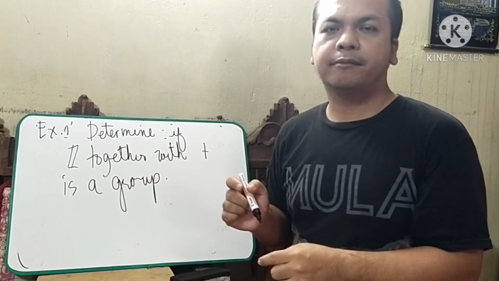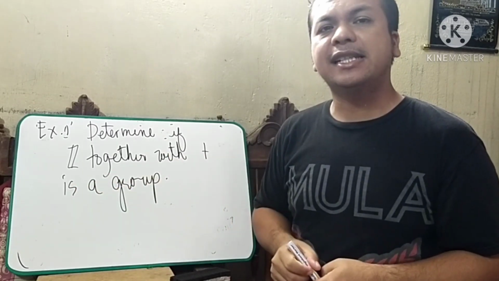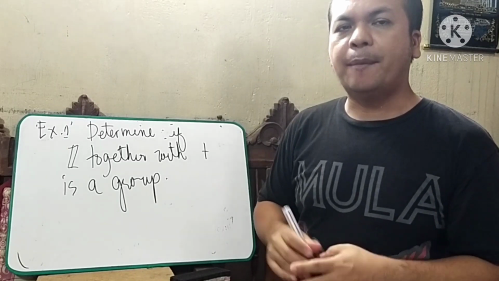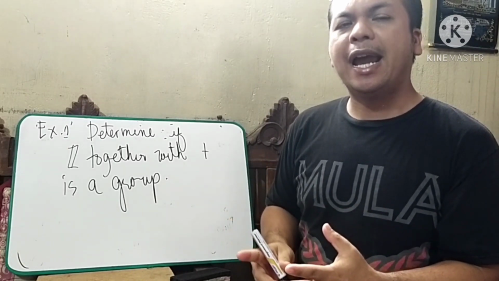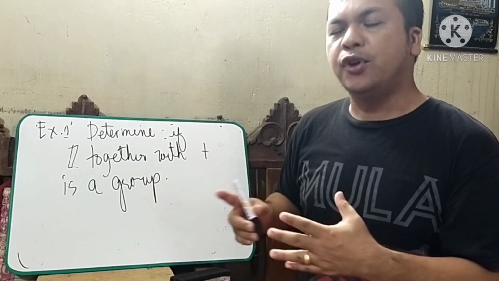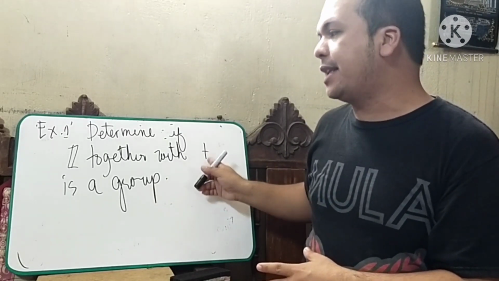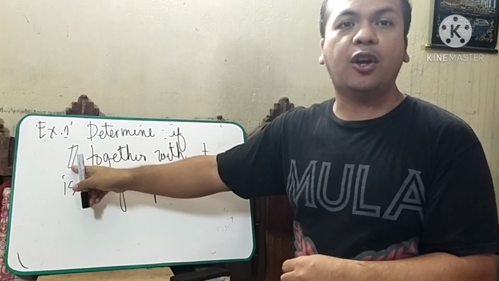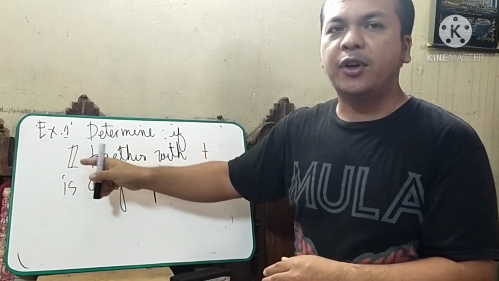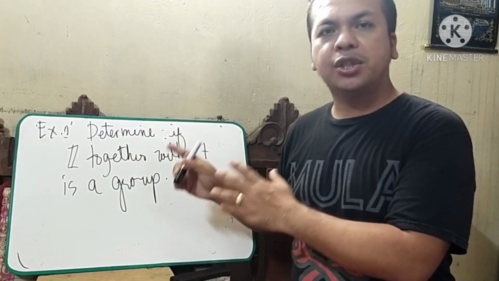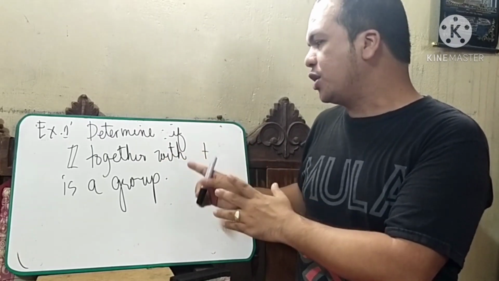a group. Now, when we discuss the idea of a binary operation, we have proved that this addition is a binary operation on the set of integers. Therefore, we will no longer show that.